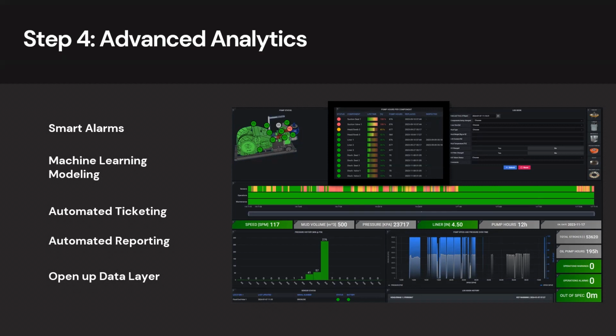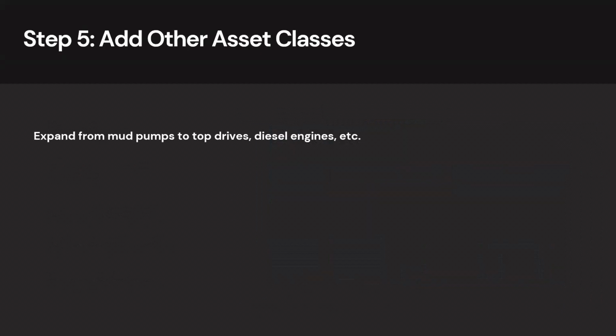So there are BI and data science teams that would now be able to use this data to enhance their work. So you can see how step by step, we're able to make this solution more and more useful, not only for the field team, but now starting to become useful to other teams in the company.